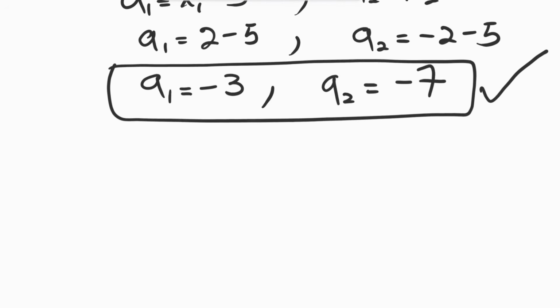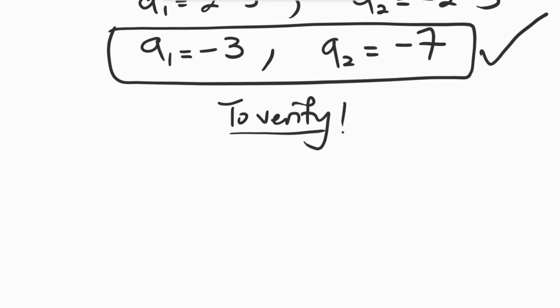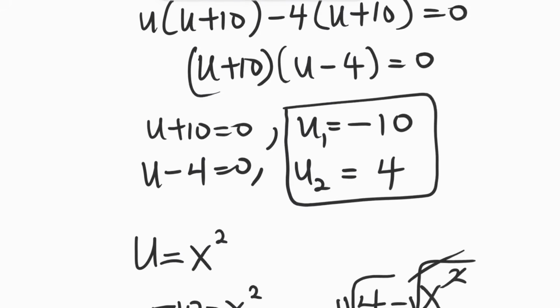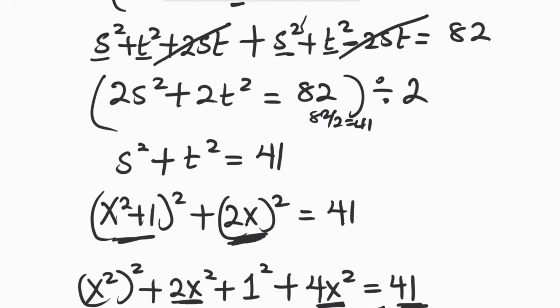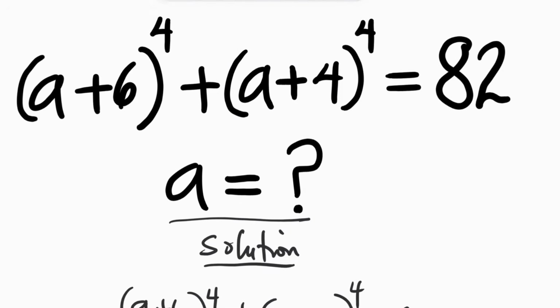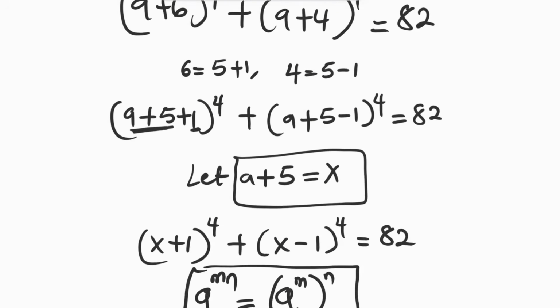Now if we go back to the initial equation, we need to verify that these answers are correct. We had that a plus 6 raised to the power 4 plus a plus 4 raised to the power 4 is equal to 82, if I'm correct. Now it is time to prove that our answer is absolutely correct.